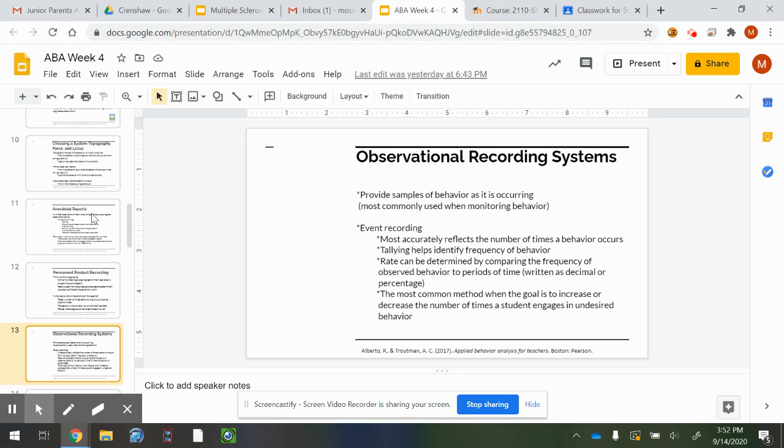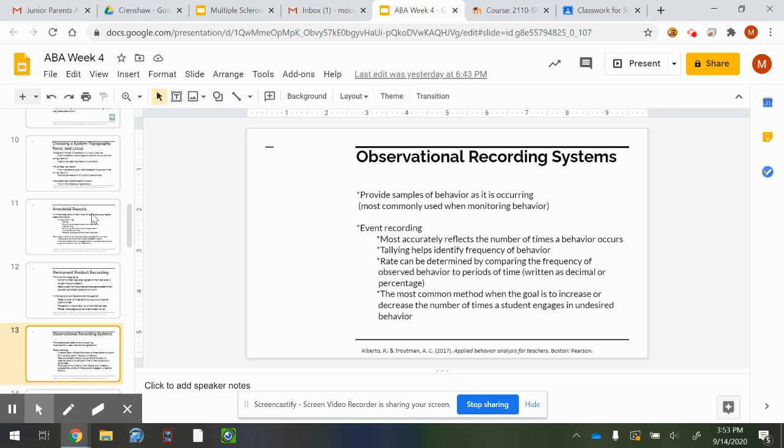So event recording. Event recording most accurately reflects the number of times a behavior occurs. Tallying helps identify the frequency of behavior. Rate can be determined by comparing the frequency of observed behavior to the periods of time, written either as a decimal or percentage.